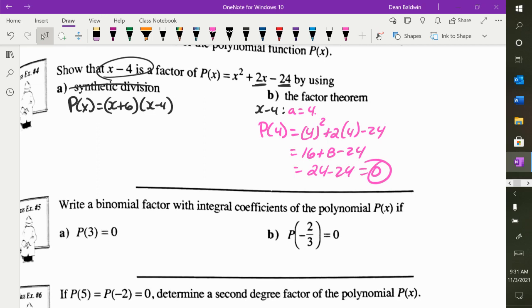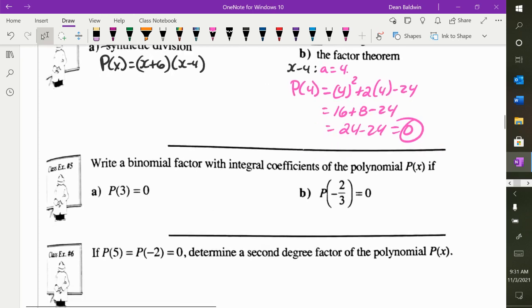Is that okay? So if it is a factor, i.e. it's a set of brackets from when you factor the polynomial, the remainder will always be 0. They can write these things in different ways. If you see something like P of 3 is equal to 0, that is your a value, and they've said that it equals 0.